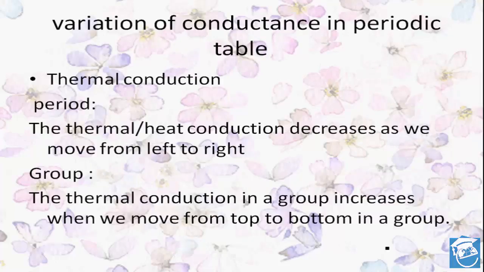Now let's talk about the variation of conductance in the periodic table. In thermal conduction, when we talk about the period, the heat conduction decreases as we move from left to right. In groups, the thermal conductivity increases when we move from top to bottom as the metallic character increases in a group.